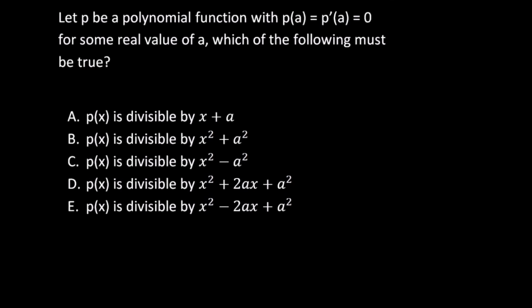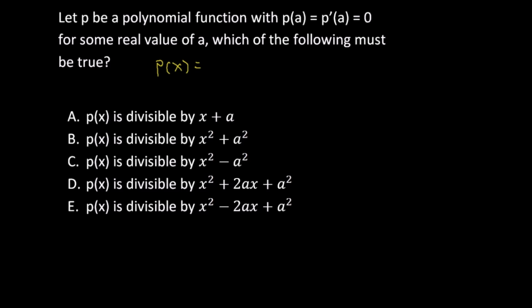Every single choice is saying that p at x is divisible by a function. So we can see p at x as a function. So what should we do? In order for a function to be divisible by another function, it's really likely that p at x consists of a product of 2 functions.